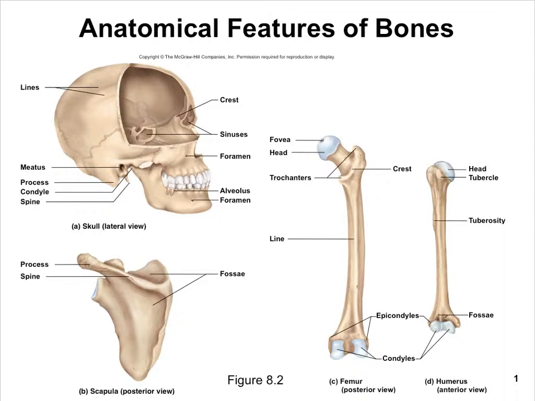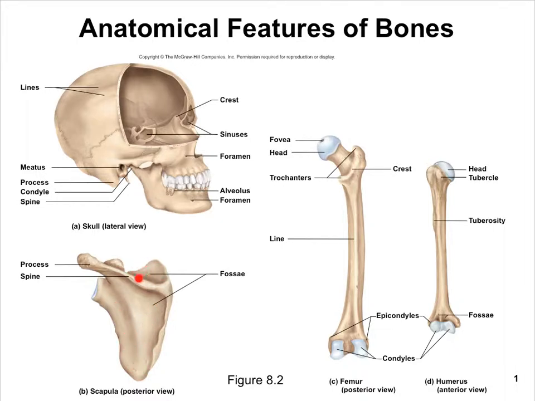Fossa are usually shallow, broad areas. A fossa literally means a valley or a basin. They're usually going to be concave areas that might have something that sticks into them or might not. So here on this scapula, you can see these fossa.